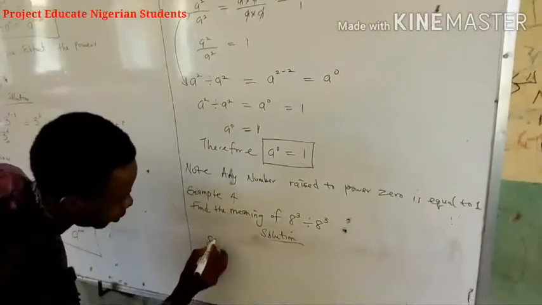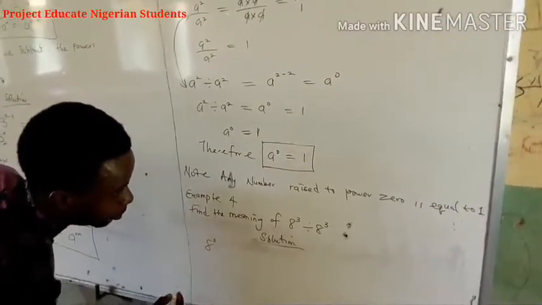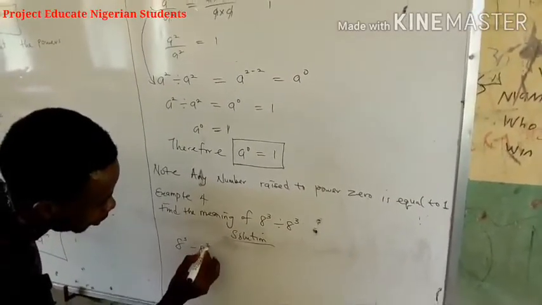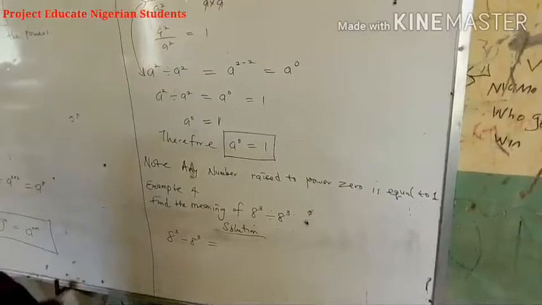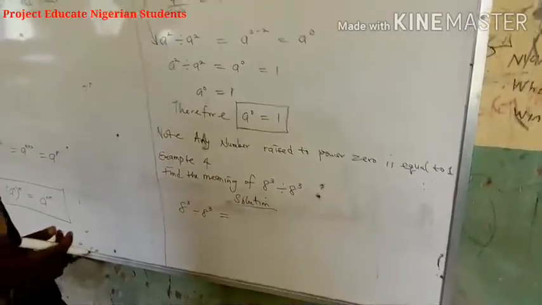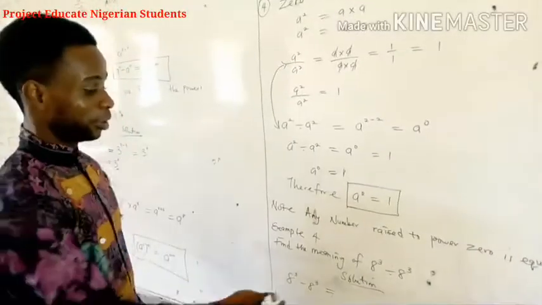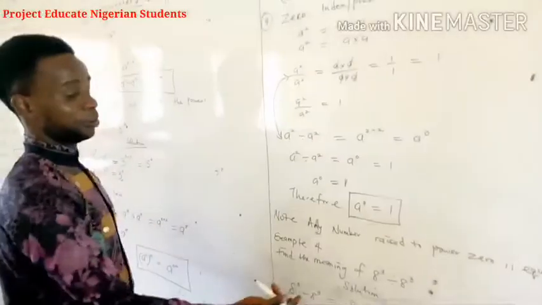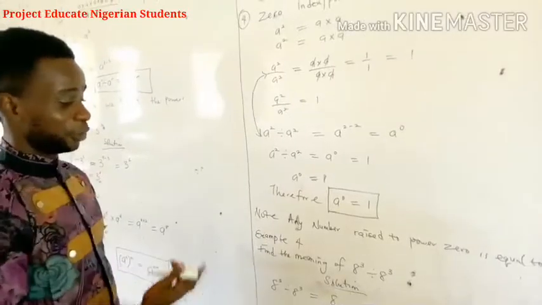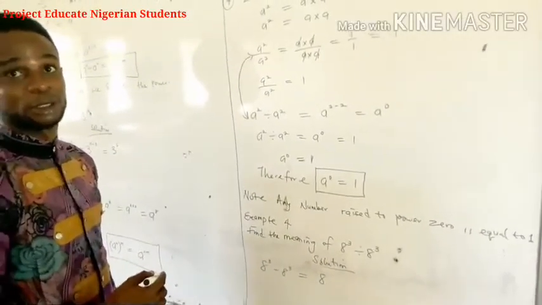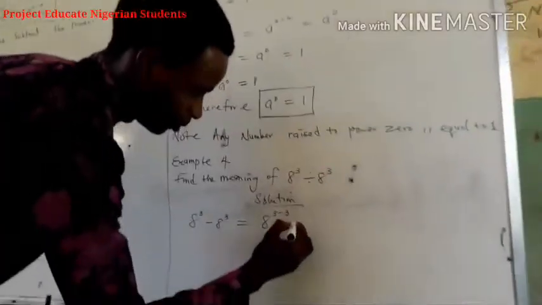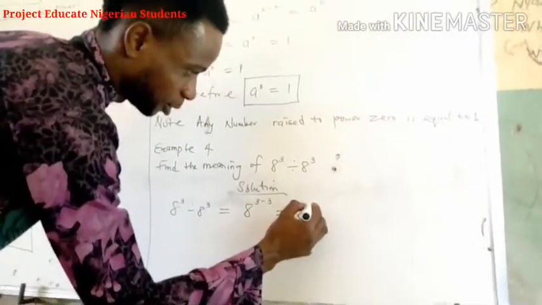Is 8 raised to power 3 divided by 8 raised to power 3 is equal to, if we apply our division law, we're having 8 here, take one of the base, then we'll subtract the power, because we say for division we have to subtract the power. So this is 3 minus 3 is equal to 8 raised to power 0.